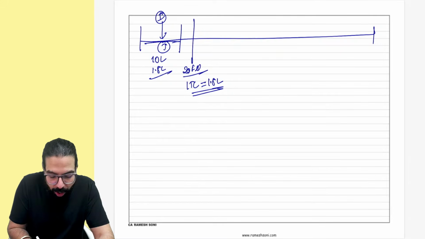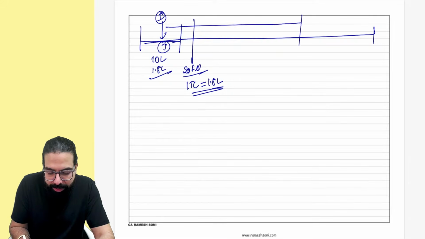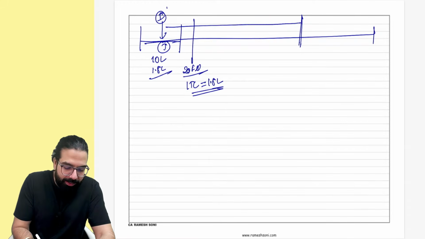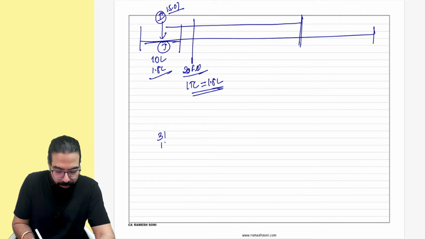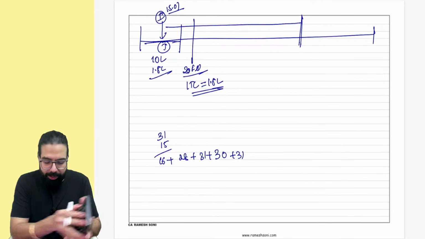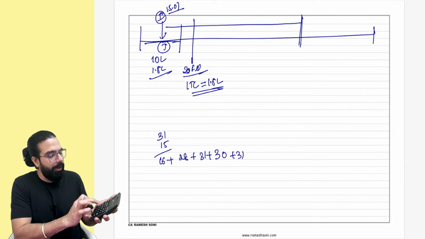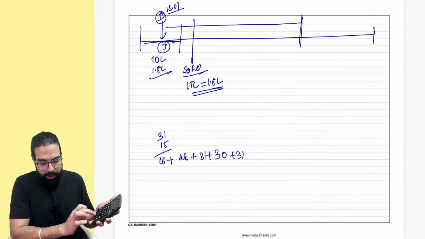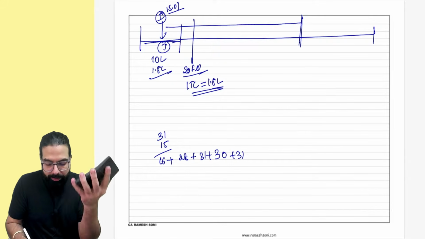Now, from the date of invoice, when does 180 days get over? 15 January invoice, for an example. January, how many days? 31 days, 15 days gone, 16 days left in January, February 28 days, March 31 days, April 30 days, May 31 days. Sir, how many days gone? 16 plus 28 plus 31 plus 30 plus 31, so 136.